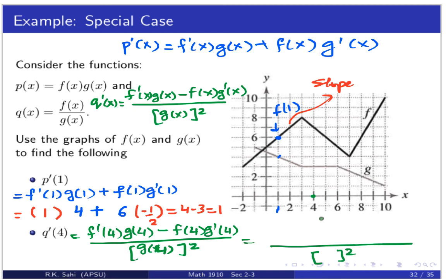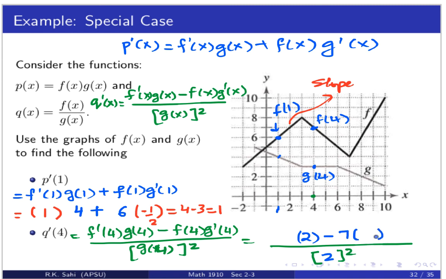So g of 4, remember, let me use, say, blue here. g of 4, that's g of 4, guys, which is a 2. Okay, now g of 4 is a 2 minus, now what is f of 4? So you go up, f of 4 is a 7. That's f of 4. So minus 7.